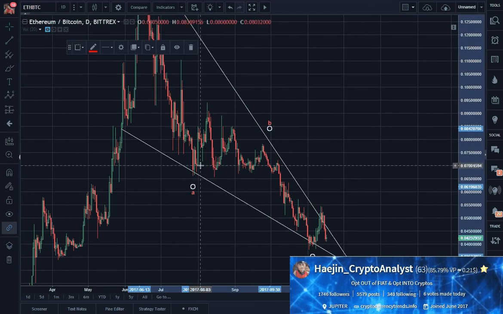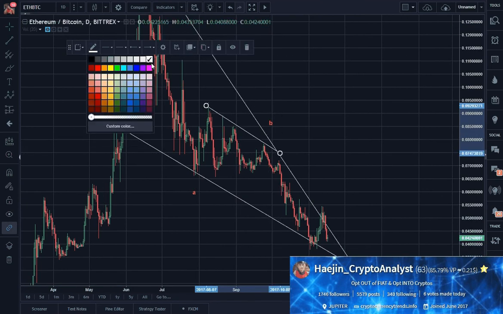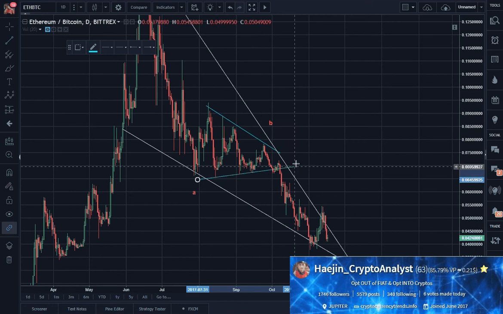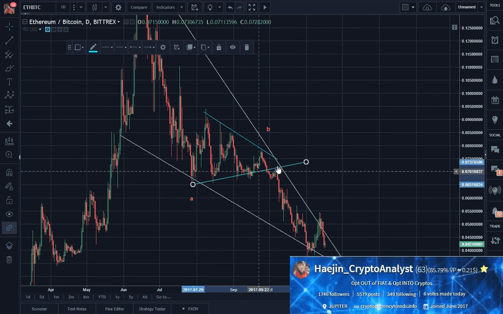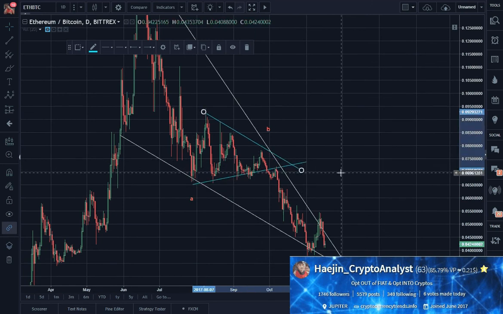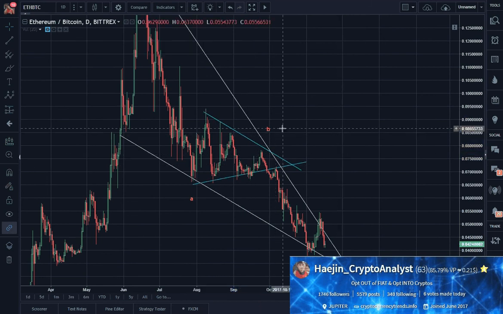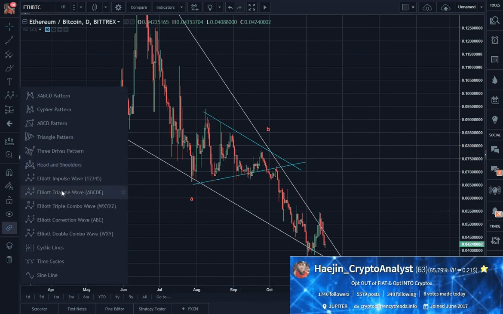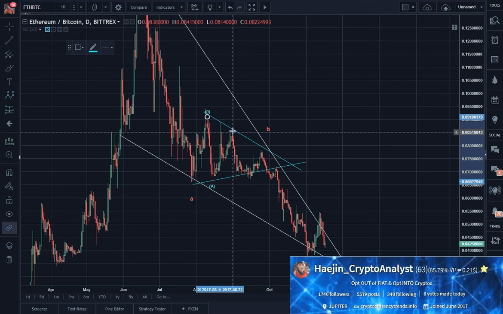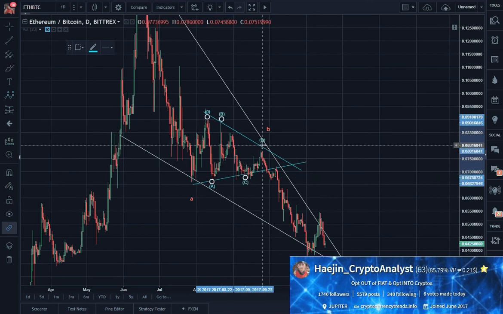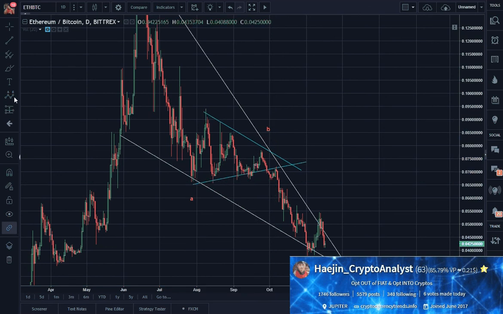If this is A, then what I can do is say this triangle here itself is a pattern that produces B, like this. A, B, C, D, one way.